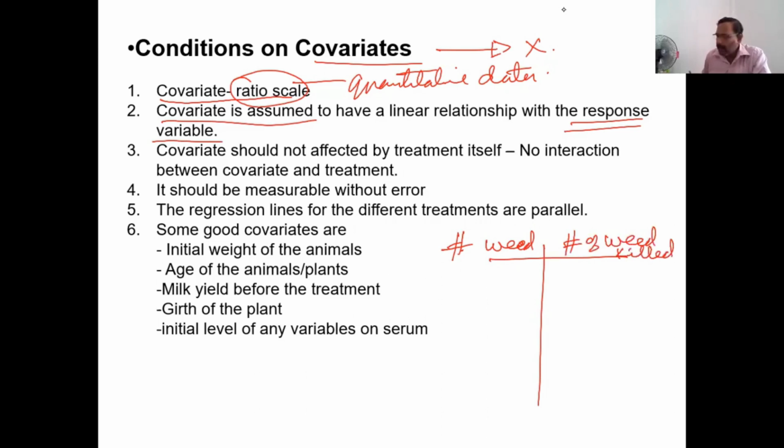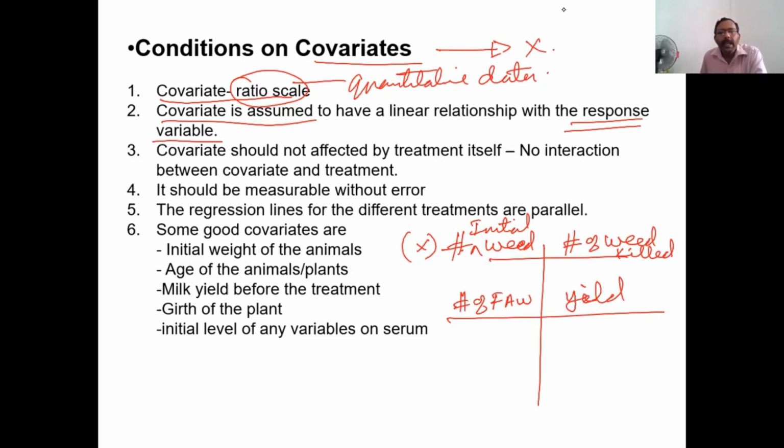The initial number of weeds is the X variable. The response variable is, after spraying the weedicide, how many weeds are dead. In the third example, the number of fall armyworm in the plot is the covariate, and the response is the yield of the plot.